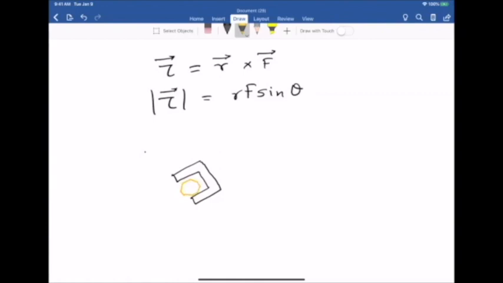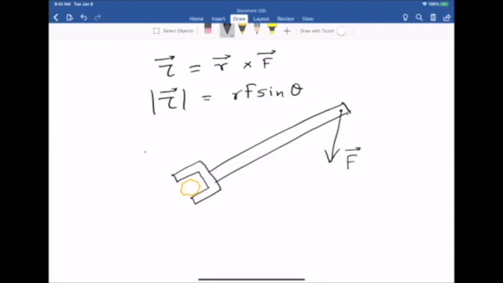Okay, and I'm applying a force at the edge of the handle, so somewhere over here on the wrench. So my force is somewhere over here, and I'm indicating the force with this vector arrow.